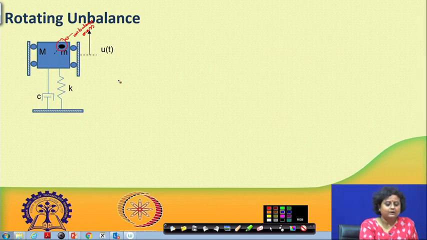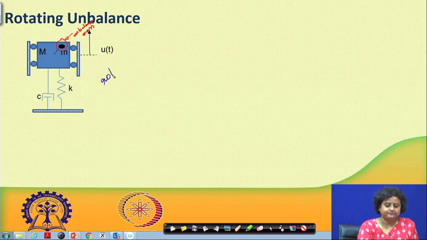So, I have modeled a rotating machine, say a compressor, as a capital mass M with a spring K and a damper C. This whole thing, M, K and C, denotes a rotating machine.